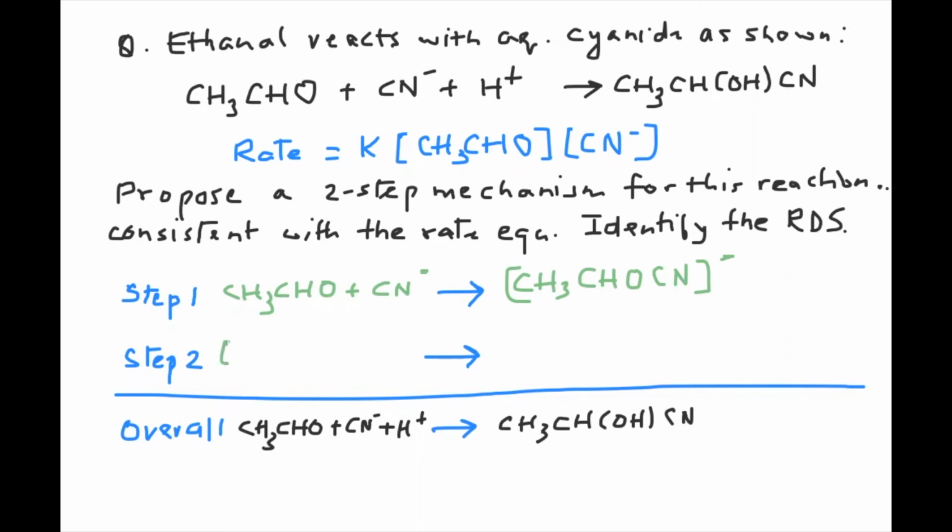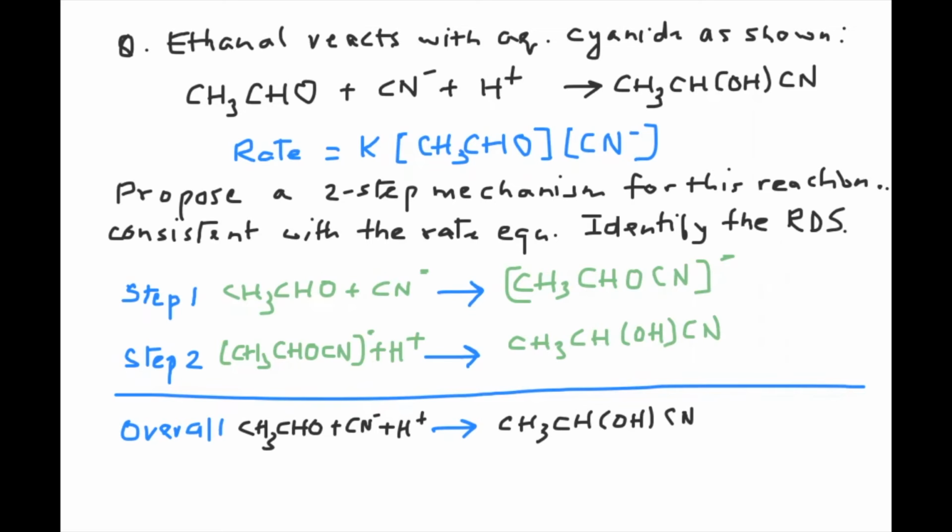Let's put the product of step 1 as a reactant in step 2. Then looking at the overall equation, what's missing is an H+. Let's put that in. And then again, looking at the overall equation, what's missing is our CH3CHOHCN. So let's put that in as well.